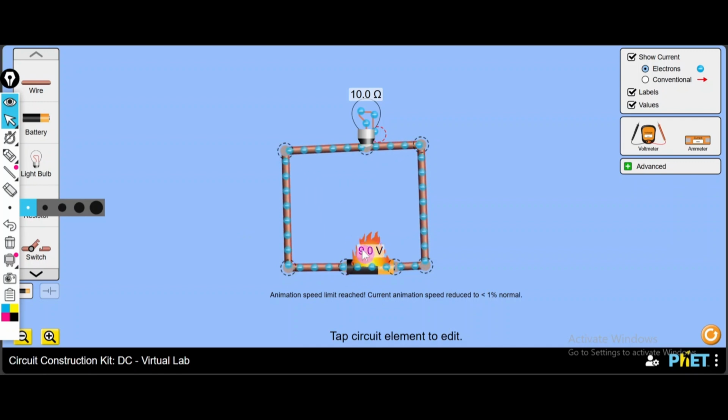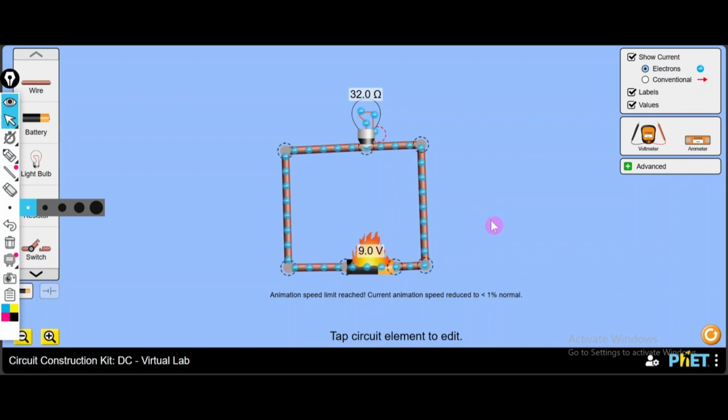Here we have this 9-volt battery, and this is connected with this bulb. The bulb has a 10-ohm resistance, and we can change that by clicking here. This is the voltage and we can also change that by clicking on this.